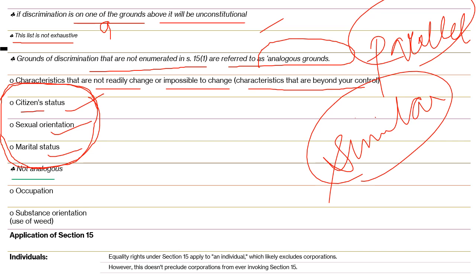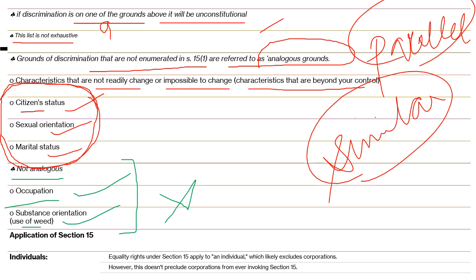Grounds which are not analogous, on which you cannot ask for equality right, include occupation, because here you have control. You can change if something comes up that, okay, this is illegal or you cannot do that. Then substance orientation, like use of weed, intoxication, alcohol, any such thing. These are not analogous grounds. On these grounds, you cannot ask for section 15.1 protection.